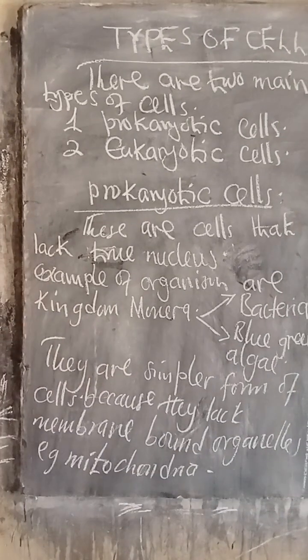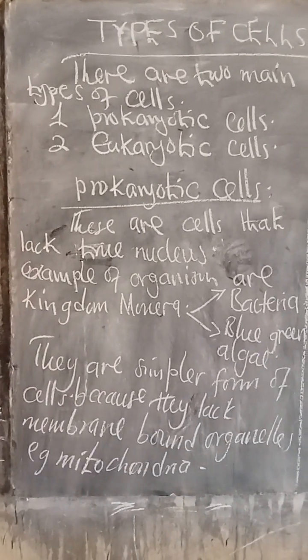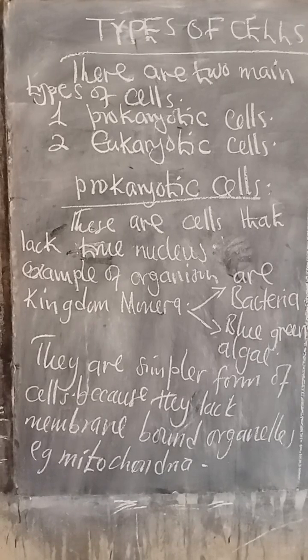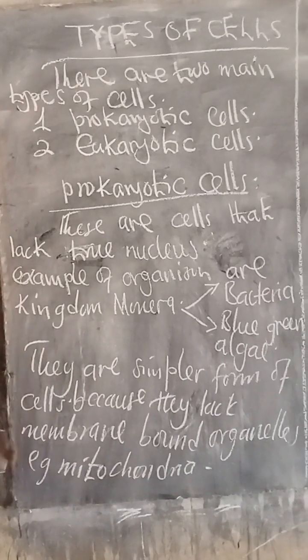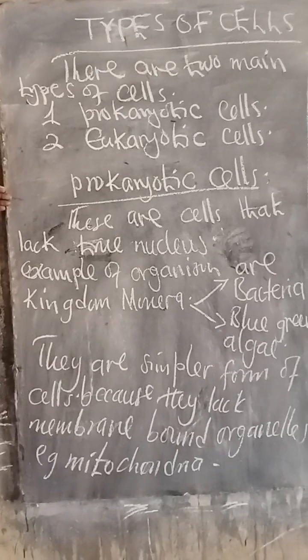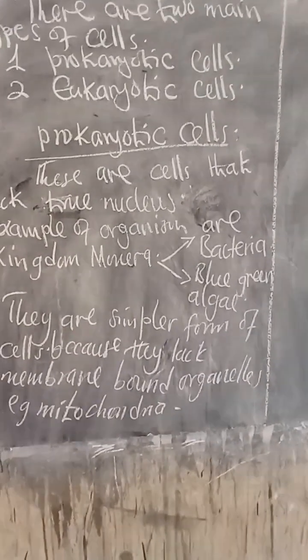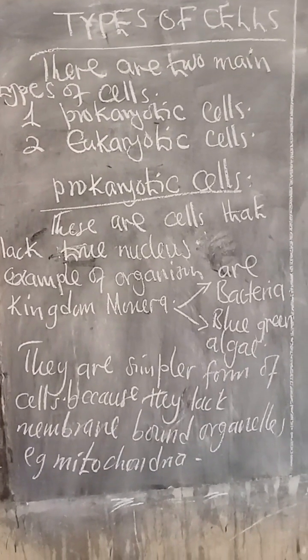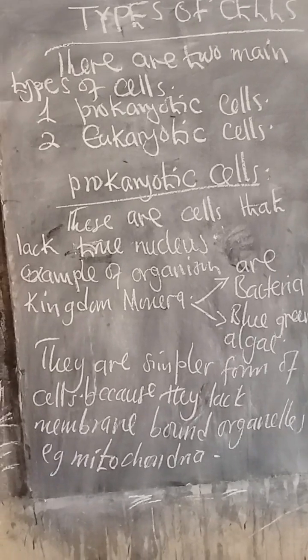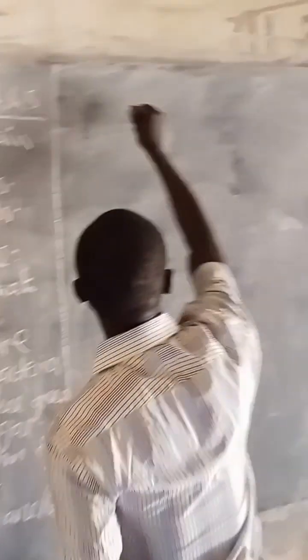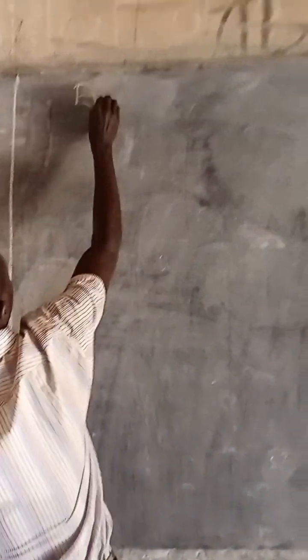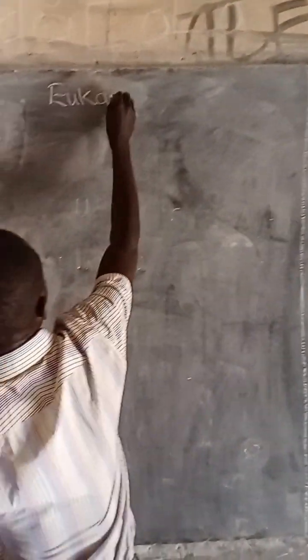So these are simpler forms of cells because they lack membrane-bound organelles like mitochondria. This form of cell we call the prokaryotic cell, and organisms that have this type of cell we call prokaryotes. So this is the first type of cell, and we also have the eukaryotic cell.